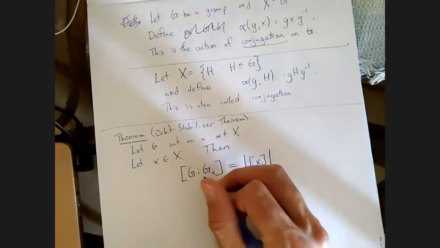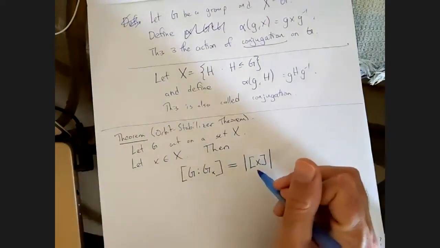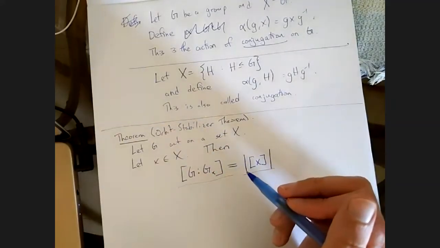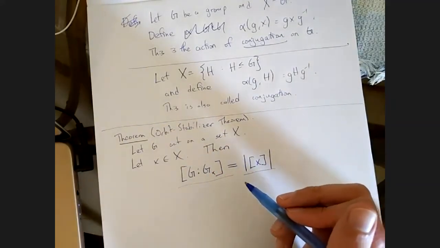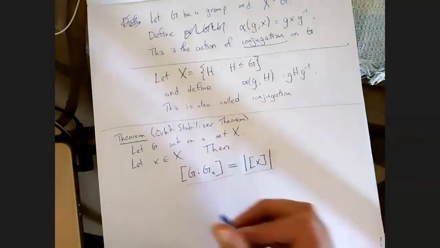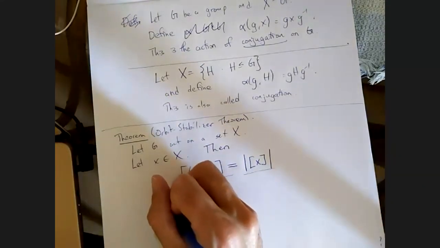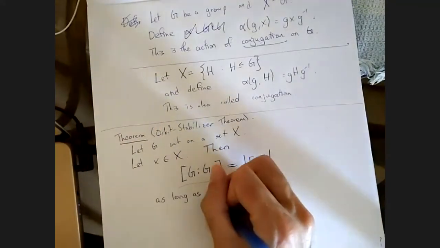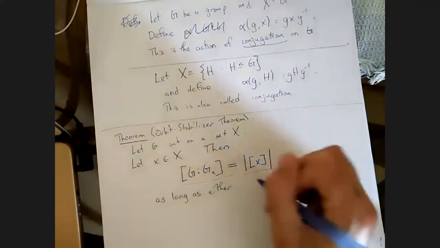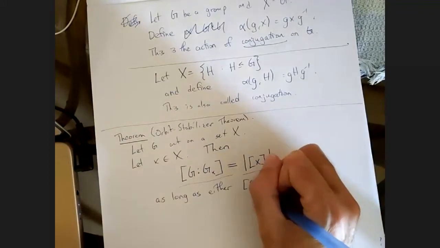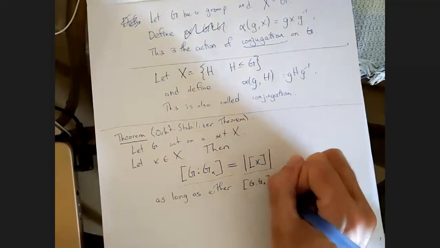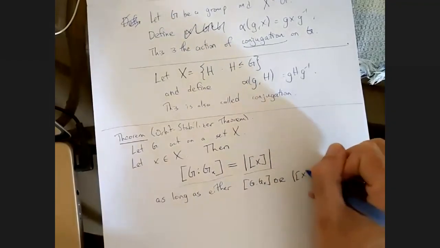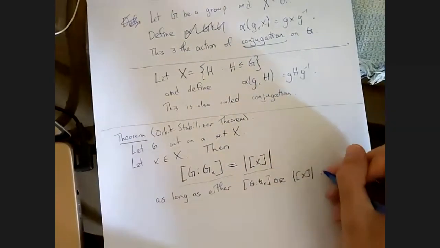This only makes sense as long as either this index is finite or this is finite.